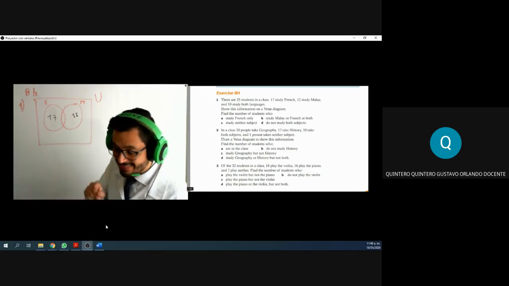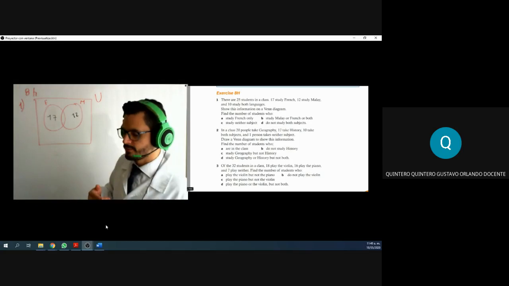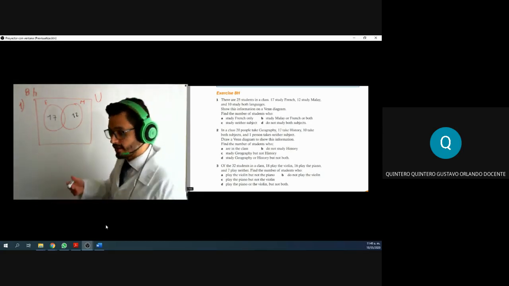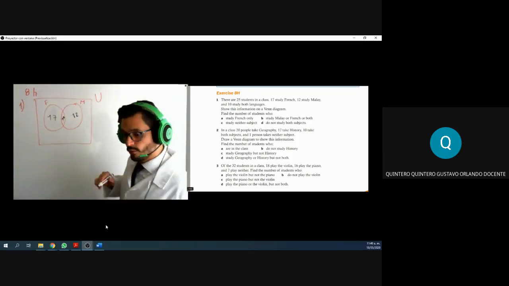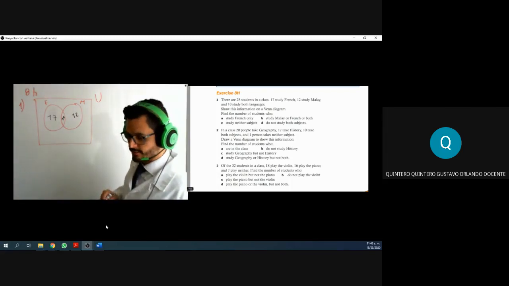The reason is because, as the exercise is saying, 10 students are studying both languages. That means here, inside the two little balls, in the intersection, are 10 students.